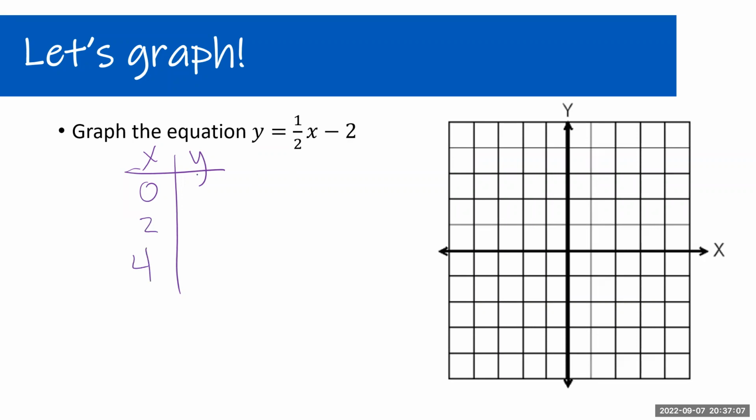So when x is 0, we're going to have 1/2 times 0 minus 2, which is going to be -2. So we'll have the point 0, -2. So we'll have this point right here. When we have 2, we're going to have 1/2 times 2 minus 2, which is going to be 1 minus 2, which is -1. So you're going to have 2, -1.